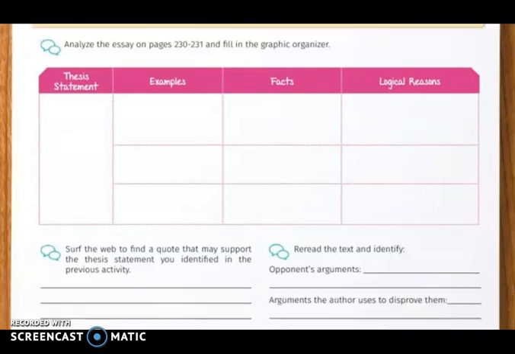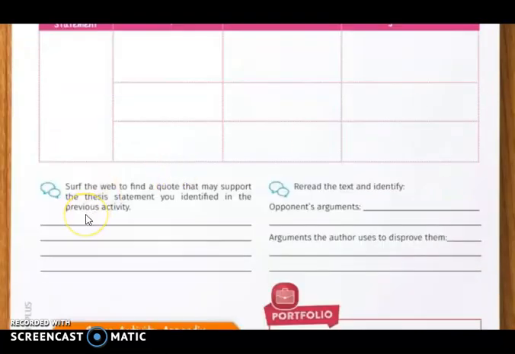When you finish that, we are going to pass to this. You have to surf the web to find a quote that may support the thesis statement you identified in the previous activity. Then you are going to reread the text and identify opponents' arguments and the arguments the author uses to disprove them.